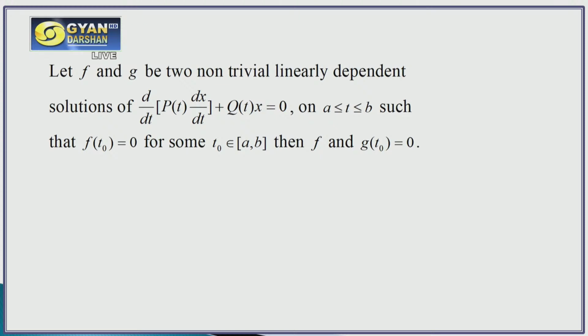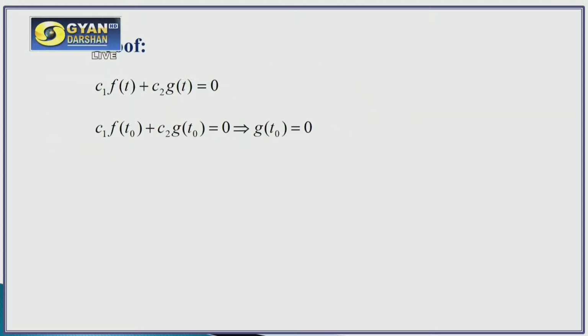So basically this theorem states that if one of two linearly dependent solutions of a self-adjoint equation has a zero, then the other solution will also have the same zero. So two dependent solutions always have the same zeros. Let's see how we can prove it.